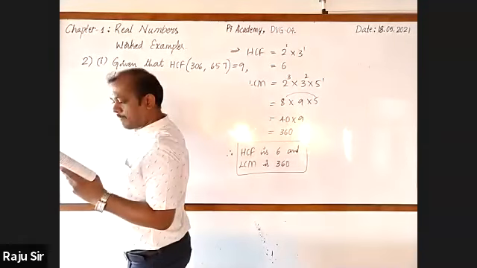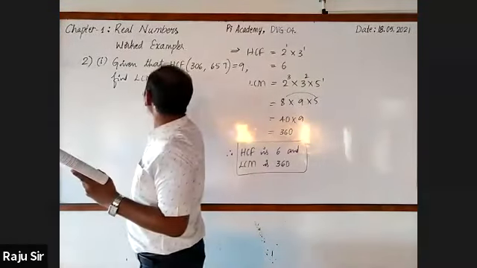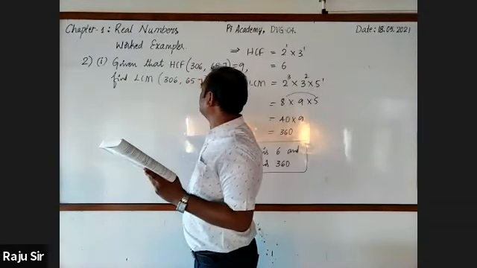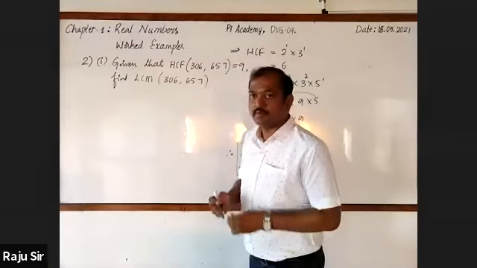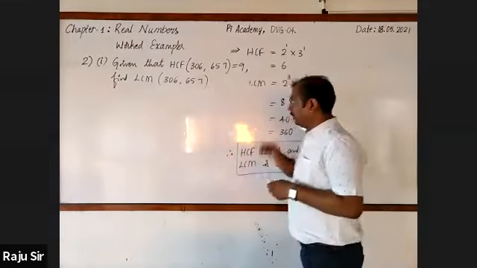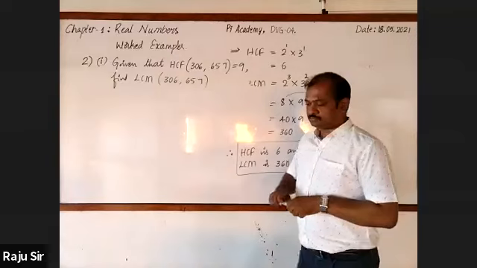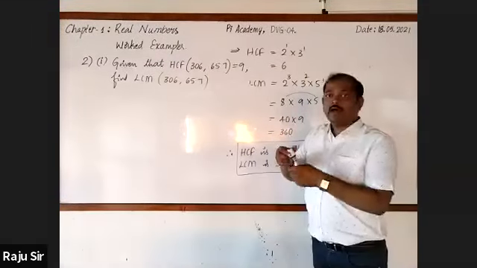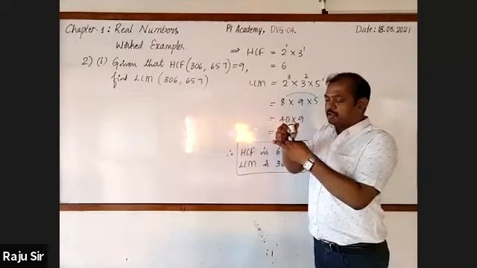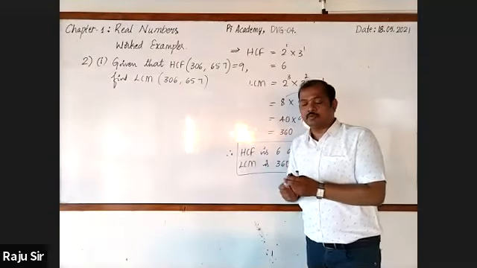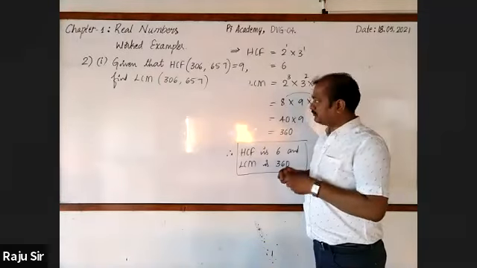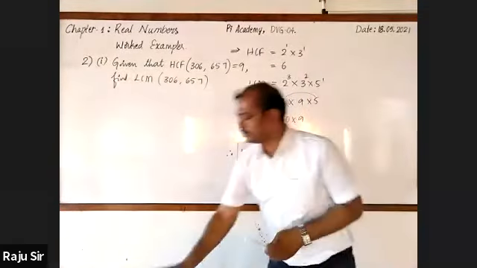Find the LCM of these numbers, that is 306 and 657. Just copy the question, then I'll go for explaining. After solving this, I'll give you one more problem to solve. Hope that you have copied.